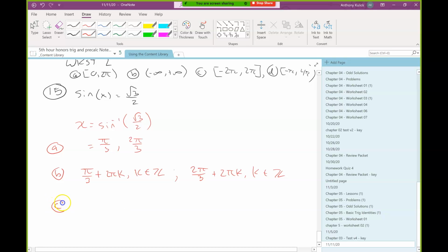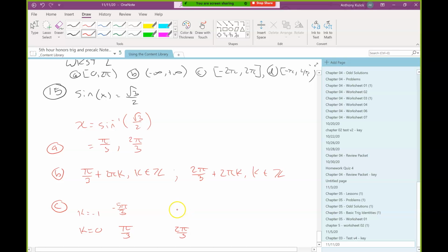To do part C, if k equals 0, I get pi over 3 and 2 pi over 3. But those are both in between negative 2 pi and positive 2 pi, so those are good answers. So let's do negative. If I subtract 2 pi from this, I get negative 5 pi over 3, which is still bigger than negative 2 pi.